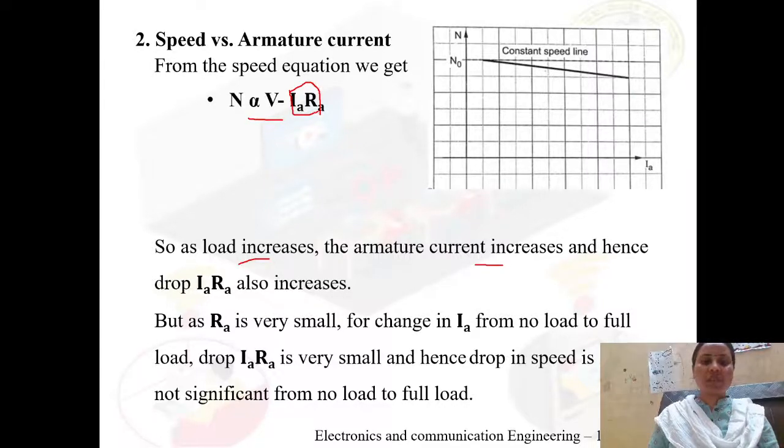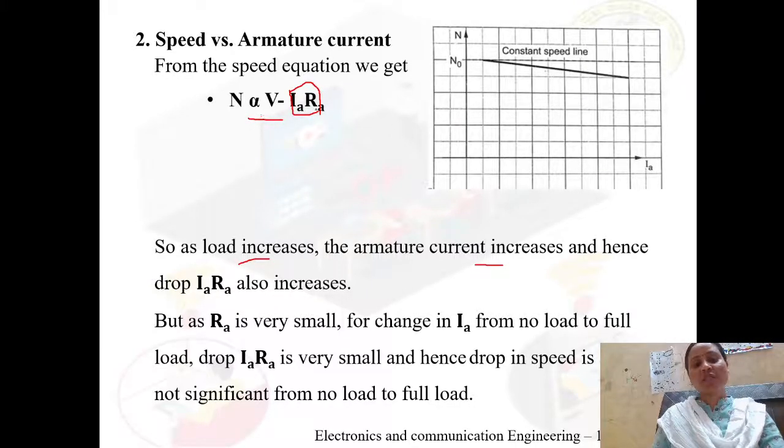So if this increases, then V minus Ia into Ra will decrease. That means as we increase the armature current, the speed should reduce.